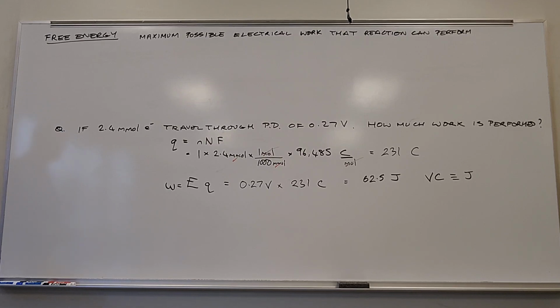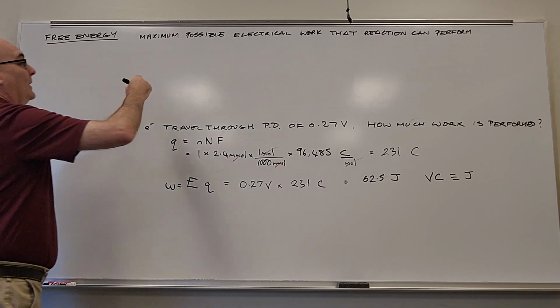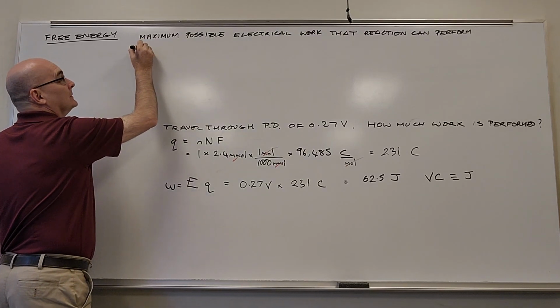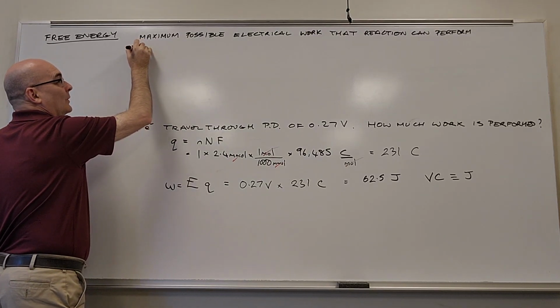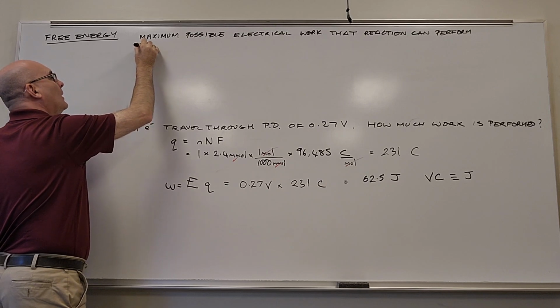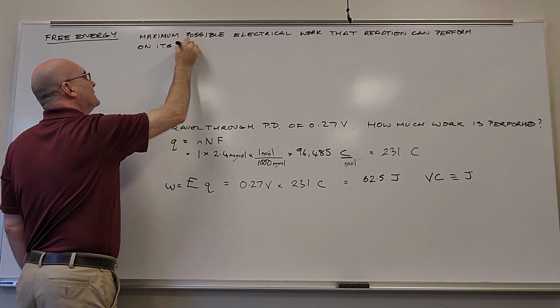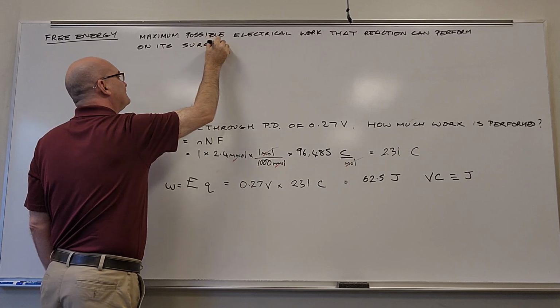With whom? The surroundings. So when the reaction is going to do something, it has to do it to what's available. It's going to perform it on its surroundings. So this is the maximum possible electrical work that a reaction can perform on its surroundings.